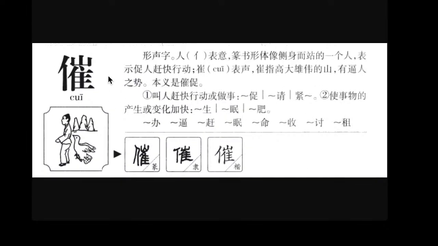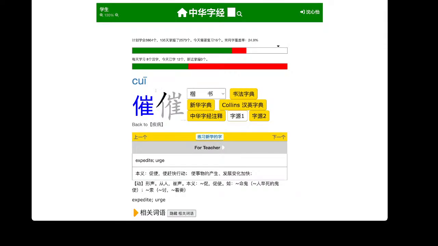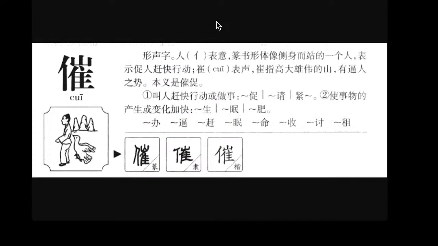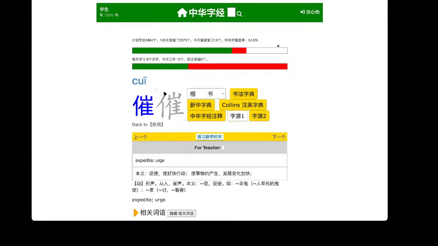Sweet. This one, you got a person on the left, you got some mountains, and a bird, which is also rather unclear. This description here says it's like, oh, the mountains are so big and they feel oppressive, and that's how you feel urged or something. I don't know about that. Or maybe this bird is chasing him and he's gotta run away or something.